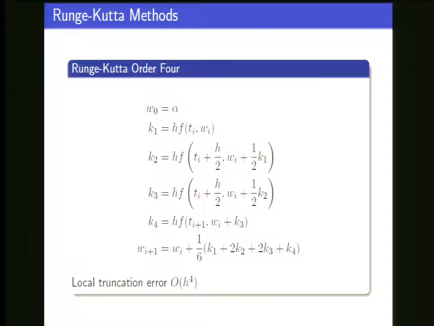Slope k2. What do you do with that slope? That's the last line. You go back to wi, and you take a full step of slope k2. And there are geometric reasons why you could argue that this has to be better than just plain Euler, and even arguing that it has to be 1 order more accurate.